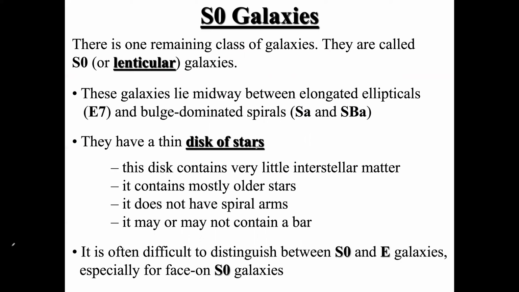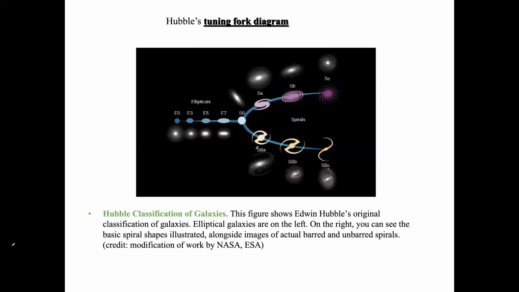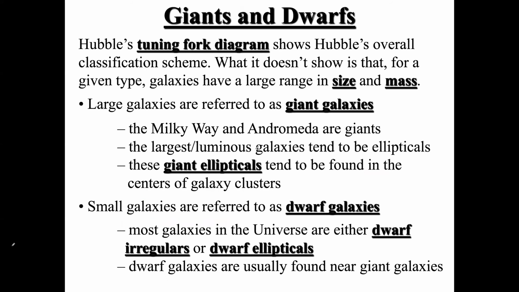Those galaxies are actually between ellipticals and spiral galaxies. There is a location that you have S0. They have some different properties, and the research is actually still ongoing to understand the formation of these S0 galaxies. And again, I have put the Hubble tuning fork diagram here, which is actually the previous one. There is no difference, but to end this part, so you can get an idea how these galaxies are subdivided into different categories and their properties.